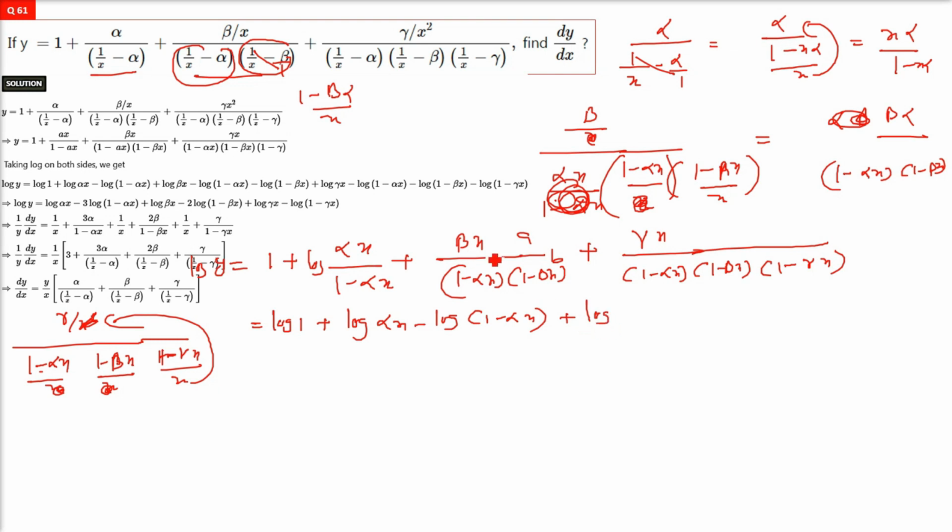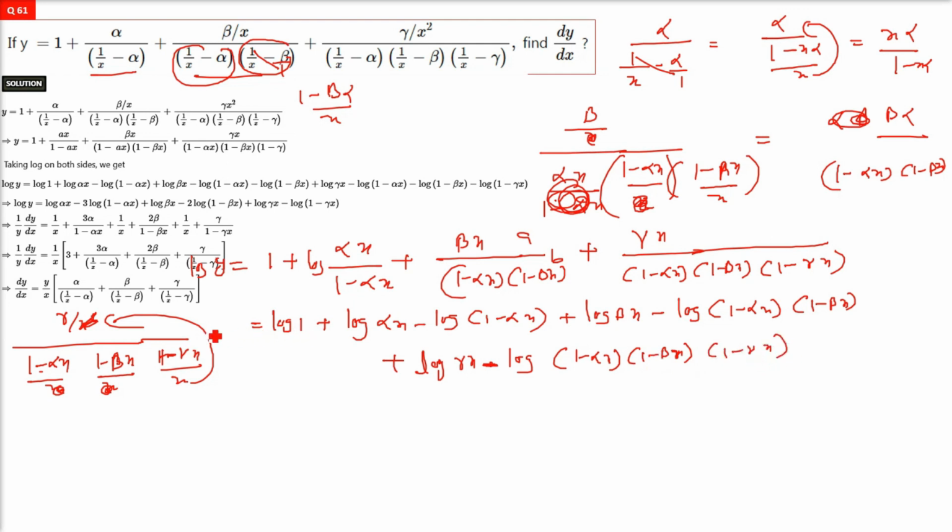So log βx minus log (1 minus αx)(1 minus βx), plus same here. So log γx and minus log of all these 3, (1 minus αx)(1 minus βx)(1 minus γx). Okay. So this is log y.